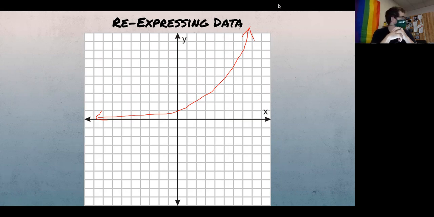The inverse, I should say. Exponential decay? No. No. I'll give you a hint. The opposite of an exponential function looks like this.